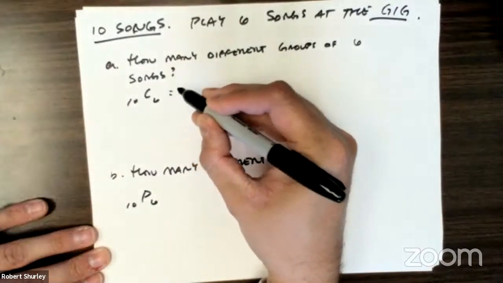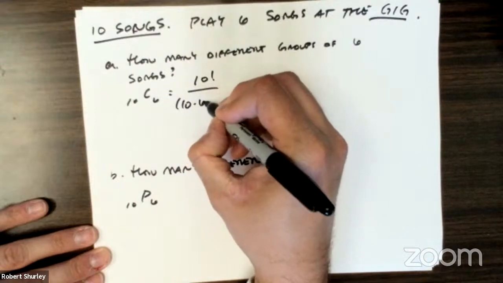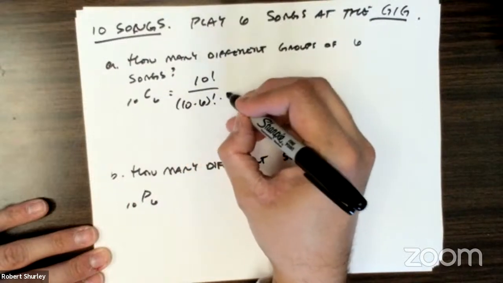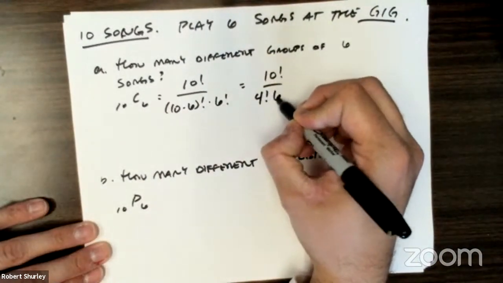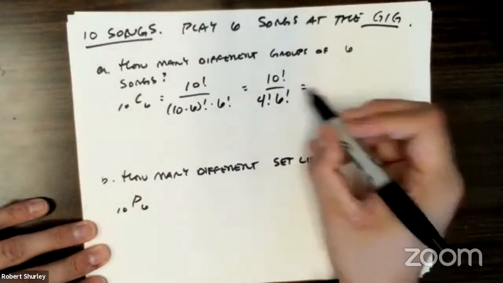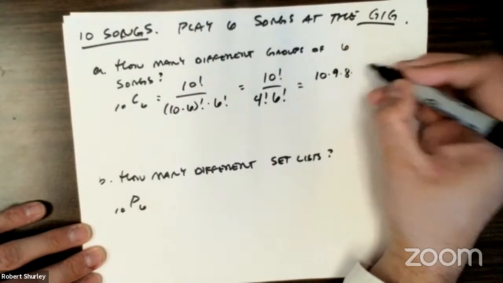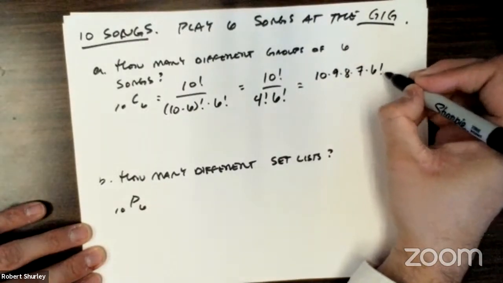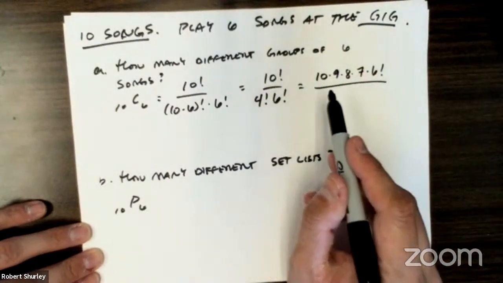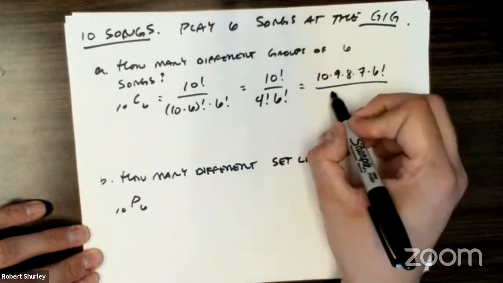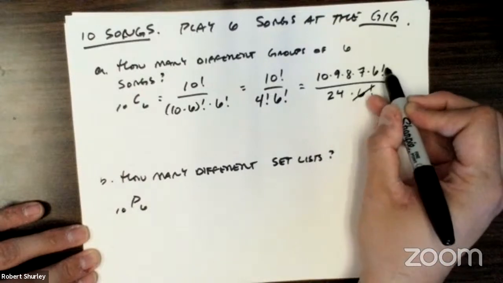Let's see what happens. 10 combination 6 would be 10 factorial over 10 minus 6 factorial times 6 factorial. So this would be 10 factorial over 4 factorial times 6 factorial. I'm going to go down to 6 here, so I get 10 times 9 times 8 times 7 times 6 factorial. Now 4 factorial is 4 times 3 times 2, it's 24, and then this would be 6 factorial, so these would cancel.